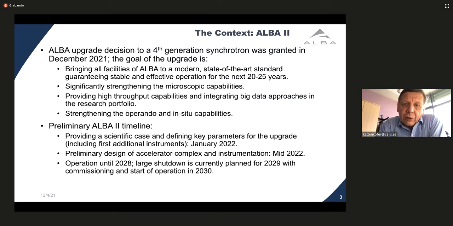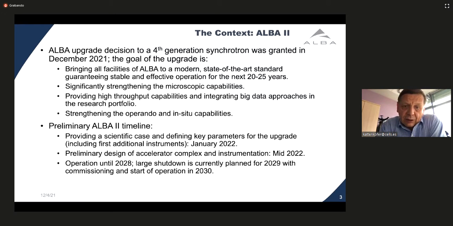If you think now about the timelines, we are forced to be very, very fast. And so we have to be very efficient in communicating. And that's also why these workshops are so important. So the idea is that we have a first additional beamline decision done in January 2022.